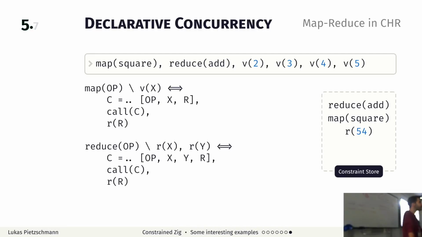I'm trying to wrap my head around that. When you do things in parallel, don't you also need multiple constraint stores? Yeah, absolutely. Do they converge to the final store? Yeah.